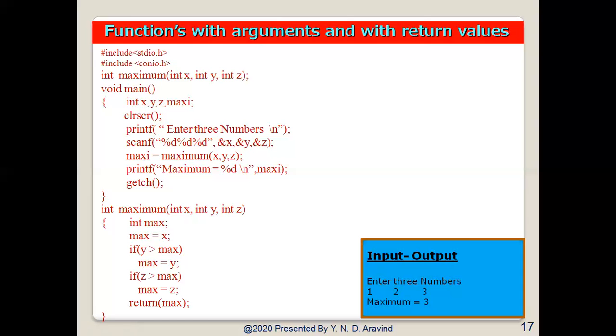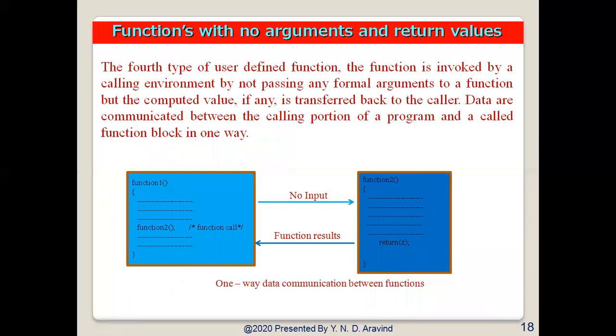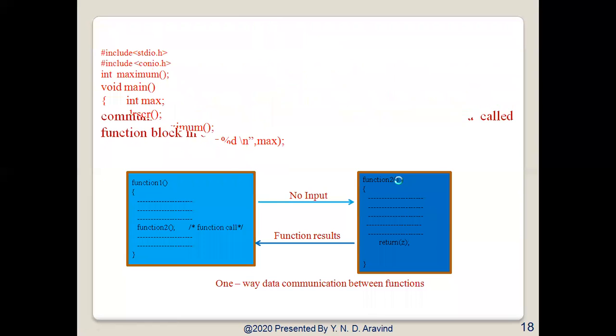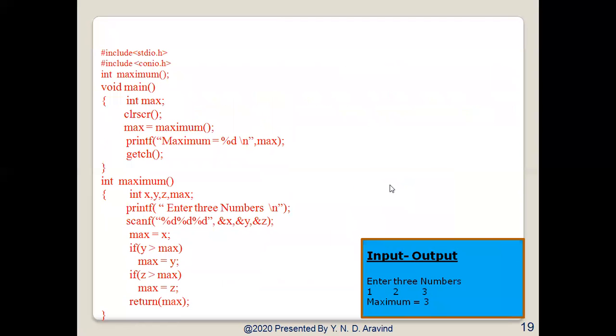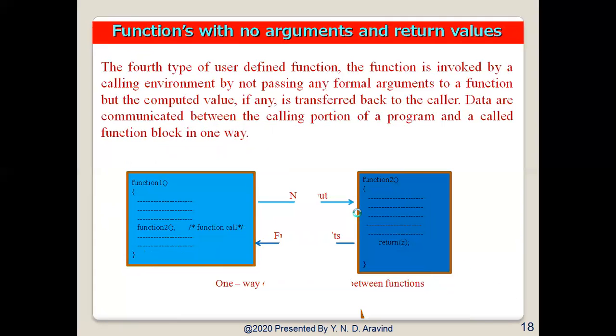Now let us see the fourth type, that is functions with no arguments and with return value. The calling function will not call the function with any arguments, but the called function will return the value as output.